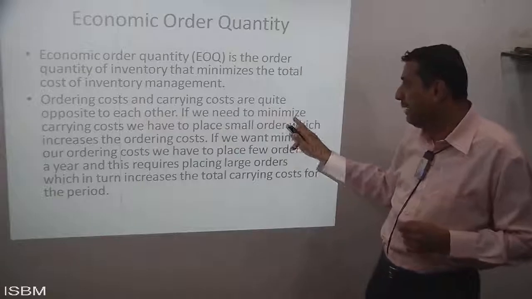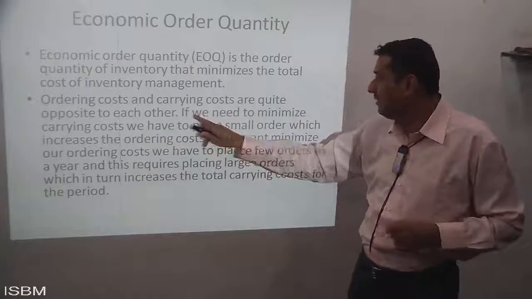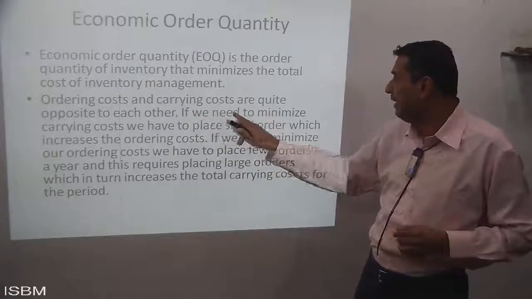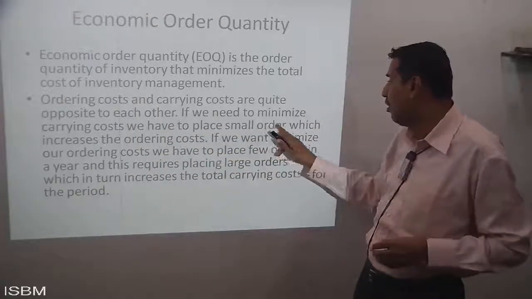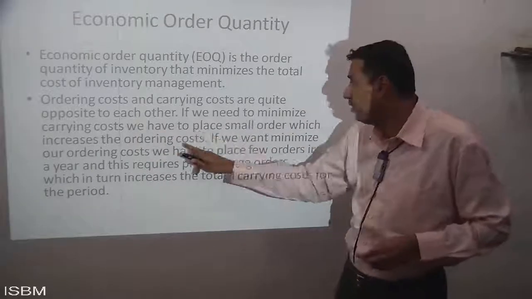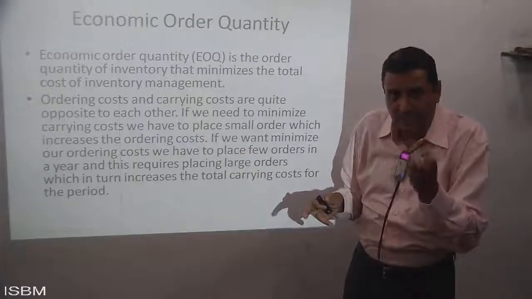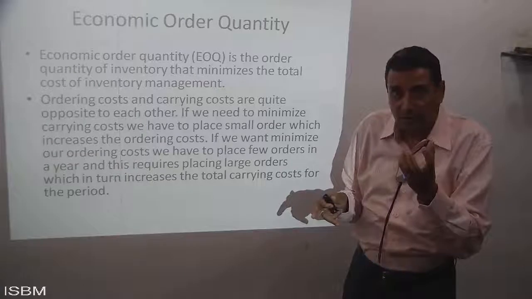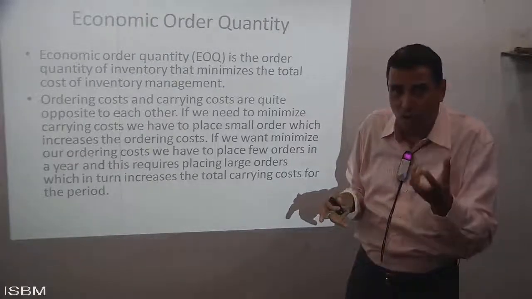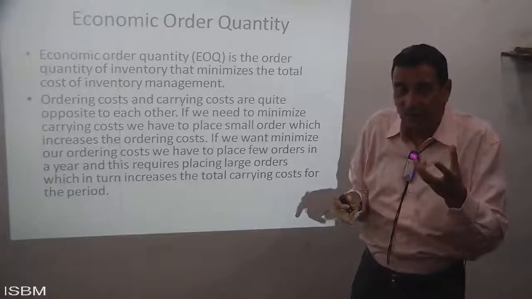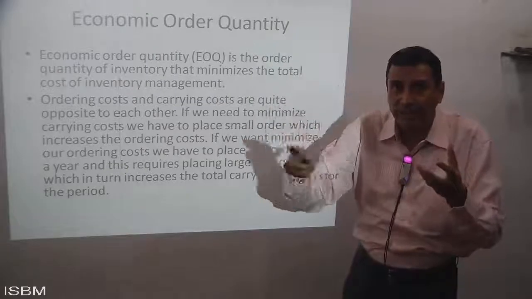If we need to minimize carrying cost, just read this very carefully, we have to place small orders, which increases the ordering cost. If you want to reduce the carrying cost, because you are incurring a cost of carrying the inventory, you have to order on a very high scale, because the frequency of ordering you have to increase.